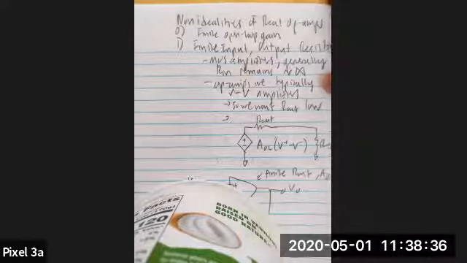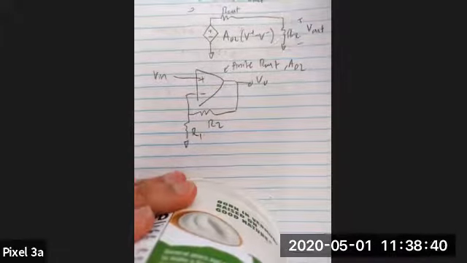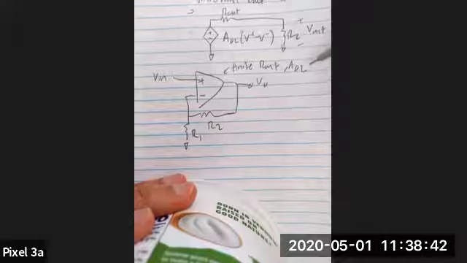That was covered implicitly in the second step, where we assume that G of s has some G naught with a one pole settling behavior. The G naught is our finite open loop gain because it's impractical to make that infinite. So in this example, we have a finite R out, and a finite open loop gain.